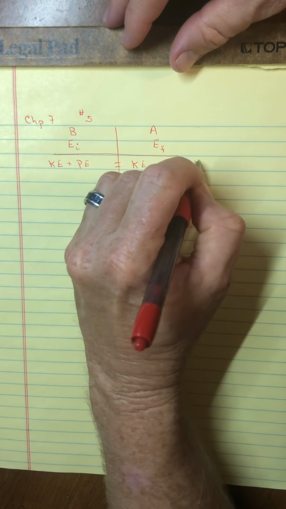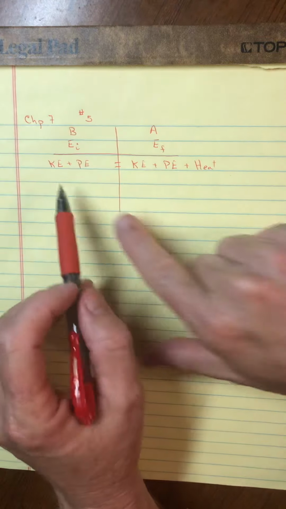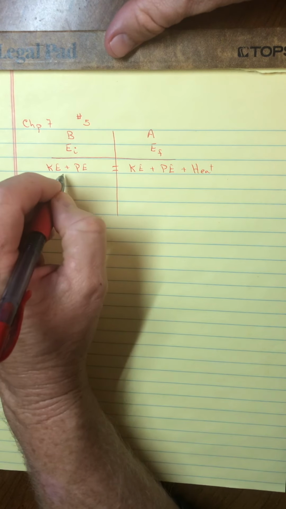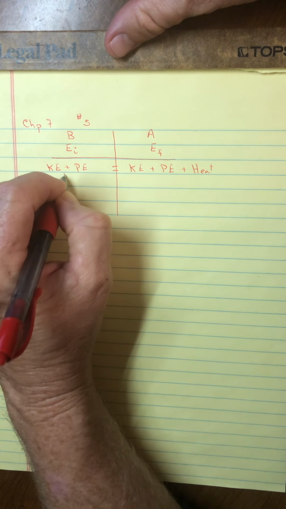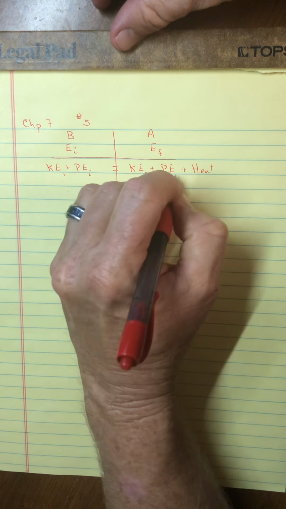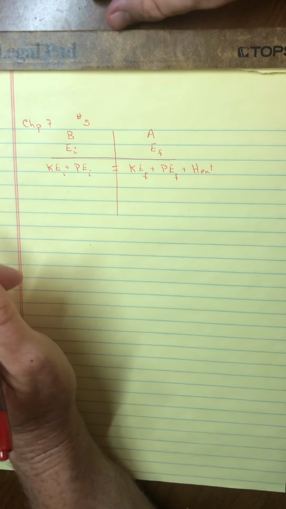And heat is really measured as how much additional is created from the before to the after, or the initial to the final. So I don't usually put heat on this side, but what this is really saying is that the kinetic energy initial and the potential energy initial have to equal the kinetic energy final, potential energy final, and then the heat that's generated, if any, during this process.